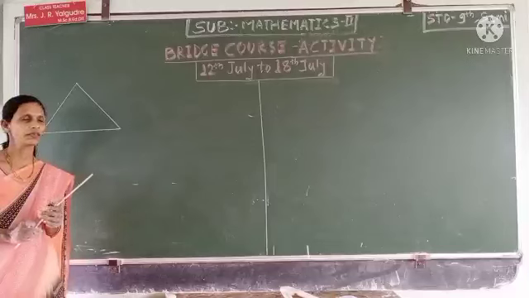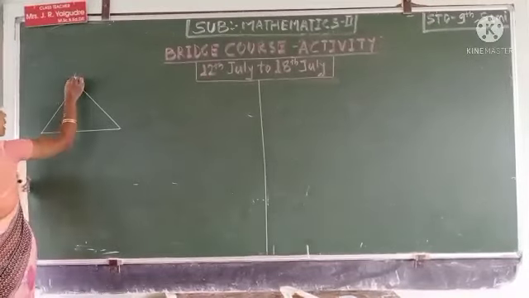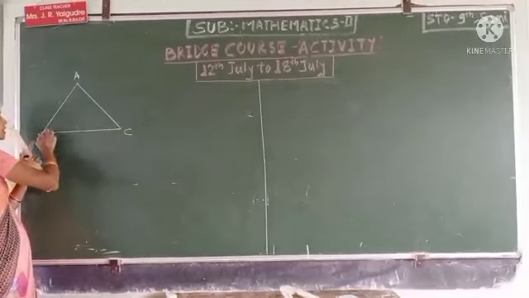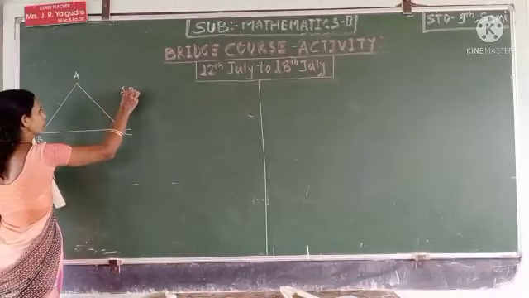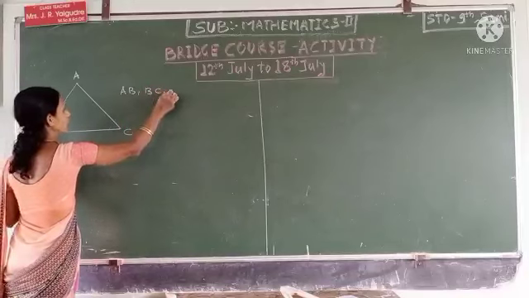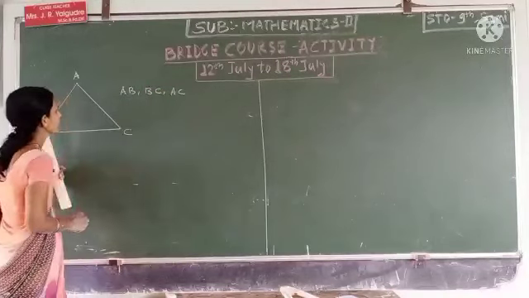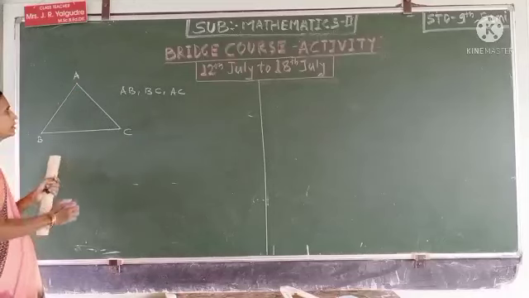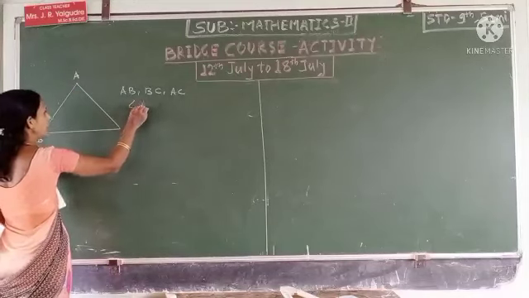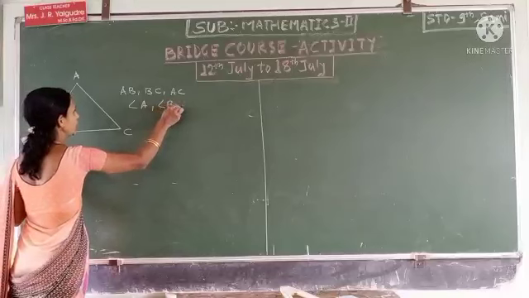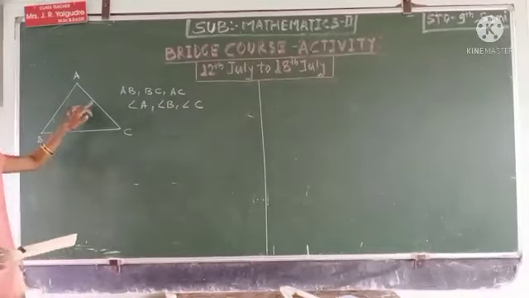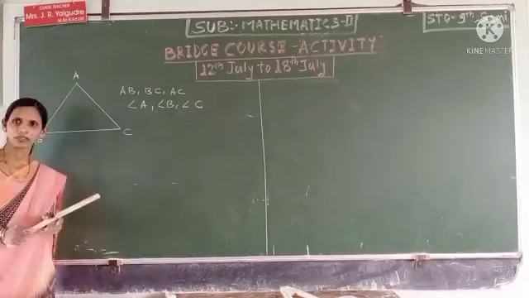equilateral triangle. Then see here, triangle ABC, of which AB, BC and AC are the sides of that triangle, and angle A, angle B and angle C are the angles of the given triangle.